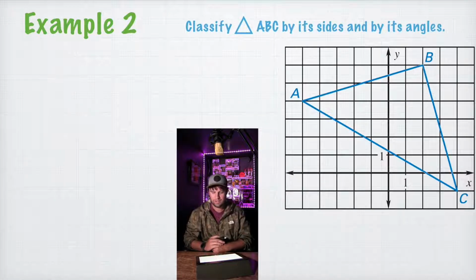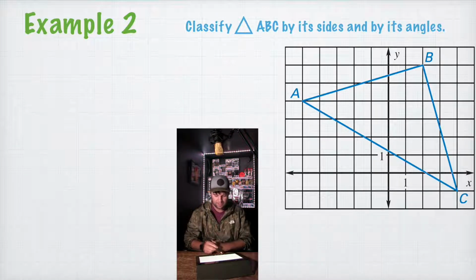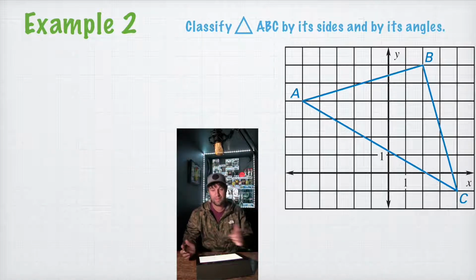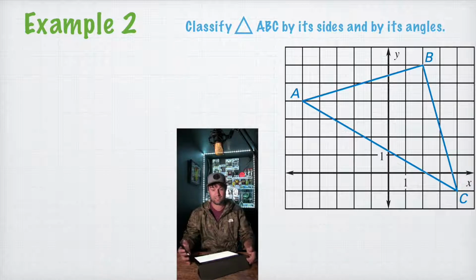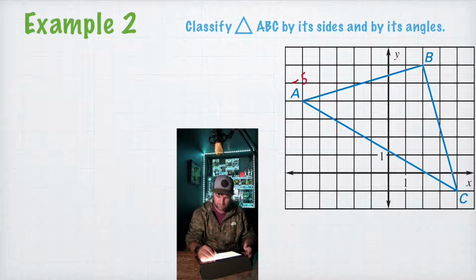Example 2. Classify triangle ABC by its sides and by its angles. So, to classify it by its sides, we're going to need to know all the side lengths, okay? And we're going to find that by using the distance formula. So the first thing I want to do is let's go ahead and label these points. So A is -5, 4.